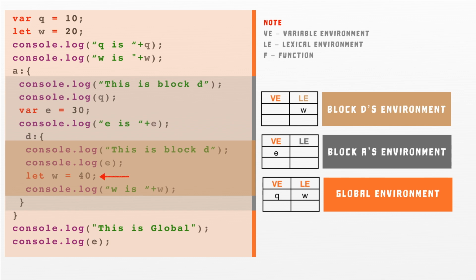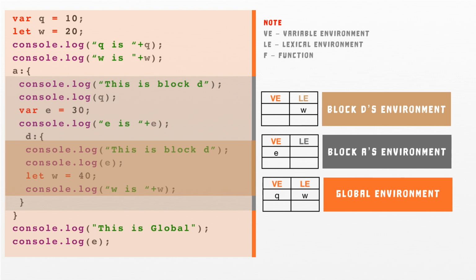As we have used the let keyword while declaring variable w, it is going to be in the lexical environment. If you observe these three environments, all of them have the same variable environment, right? It is because, as I said earlier, a block statement is going to have its lexically enclosed outer environment's variable environment as its variable environment.